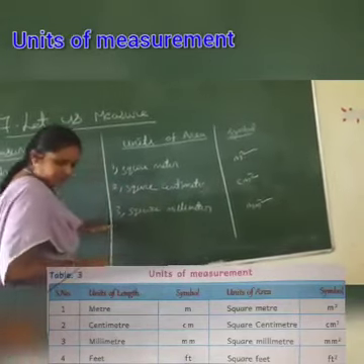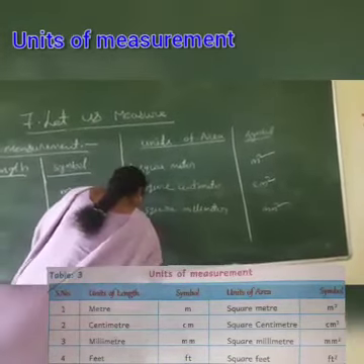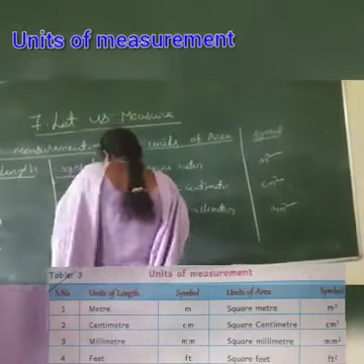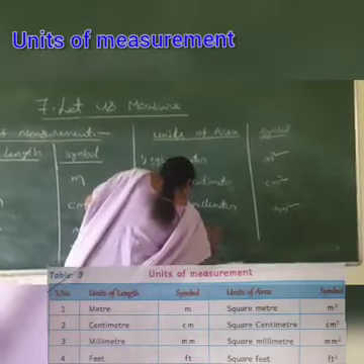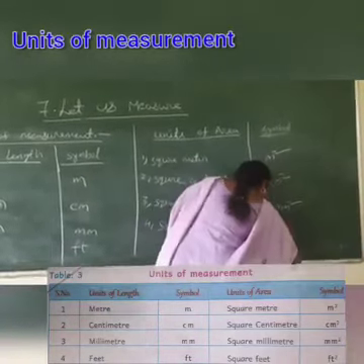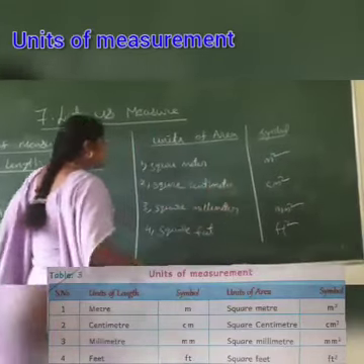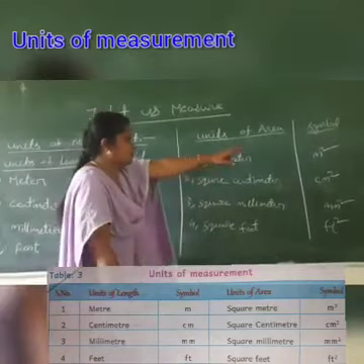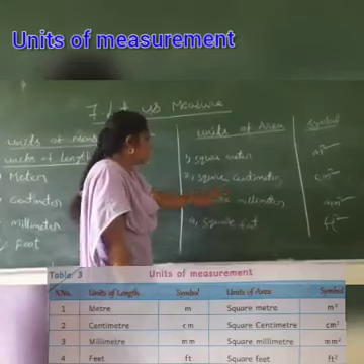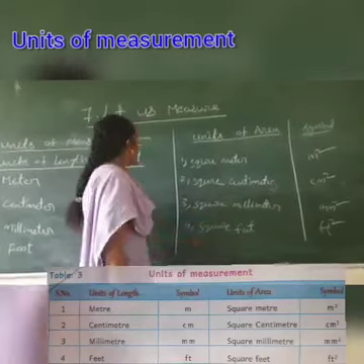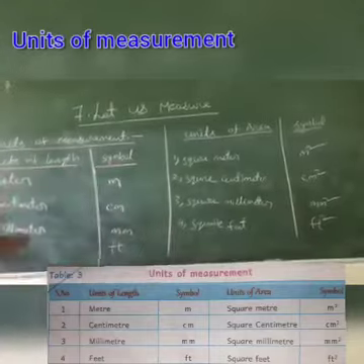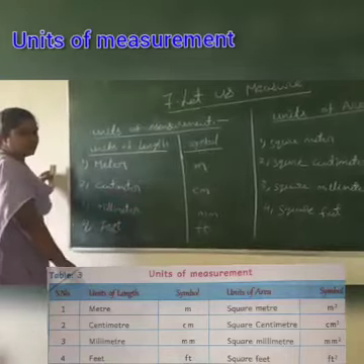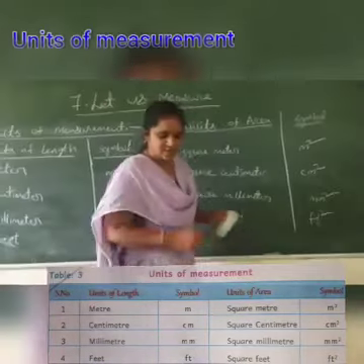And the last one, square feet. So these are the square units of area. Length also indicates as meters, centimeters, millimeters, and feet. So these are the units of measurement.